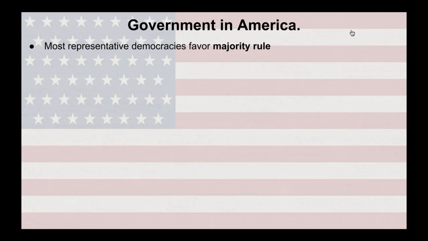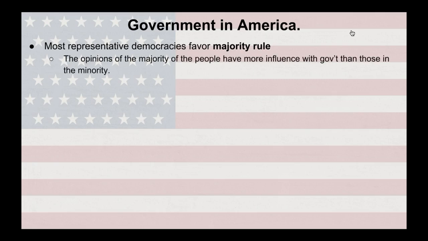Most representative democracies in the world are going to favor what is known as majority rule, which is the opinions of the majority of the people have more influence with the government than those in the minority. And so we take a vote, if we sort of count out the Electoral College.